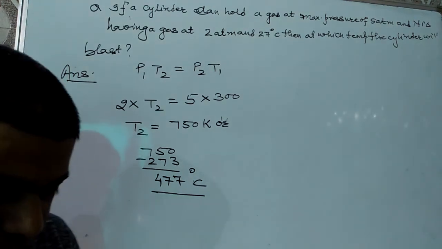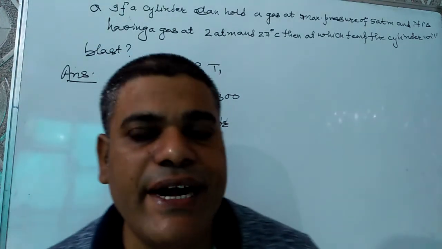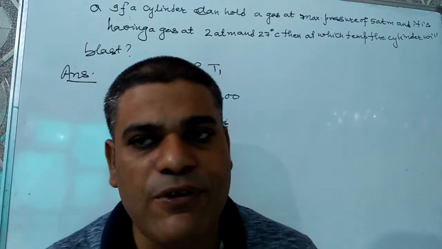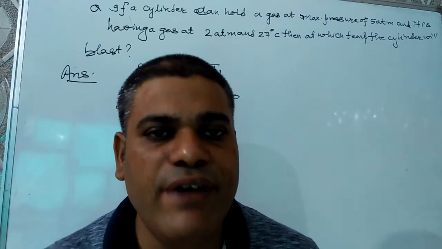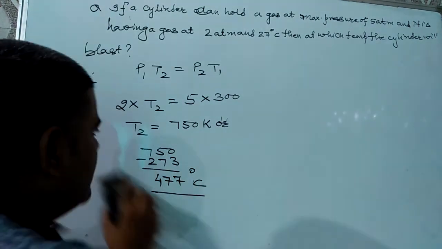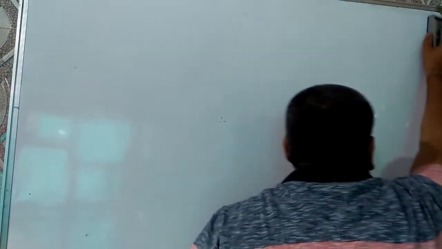Now we have to discuss the third law of gases, also known as Avogadro's law. Avogadro's hypothesis is a different thing from Avogadro's law. First I am discussing Avogadro's law, and then we will discuss Avogadro's hypothesis.